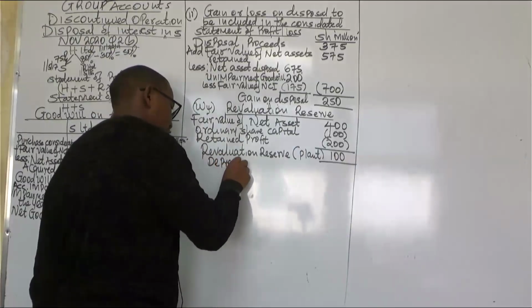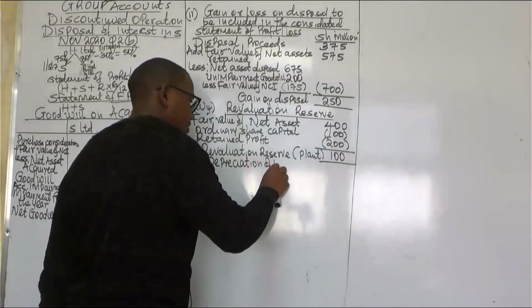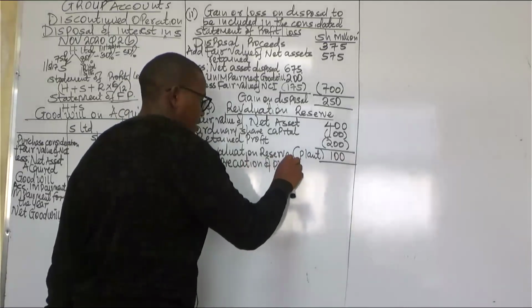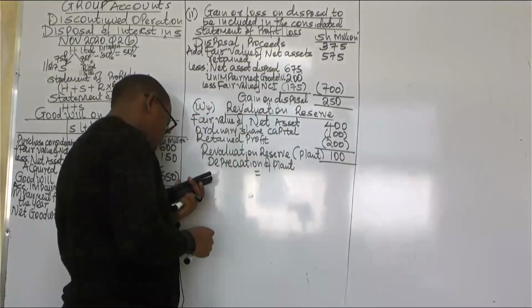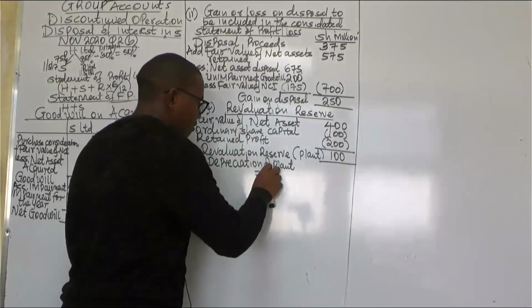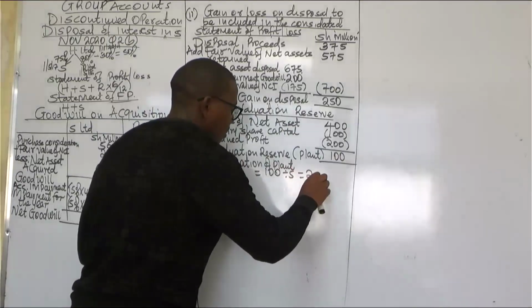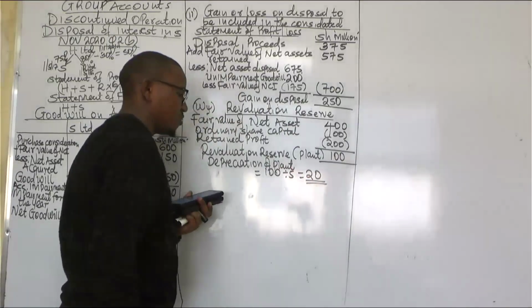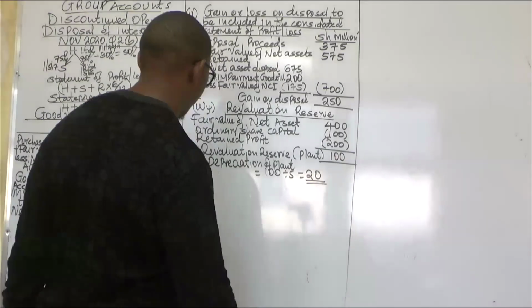So I need to know the depreciation of this plant. We were told that it is being depreciated at what rate? In the remaining useful life of 5 years. So I'll just take 100 divided by 5, which is the depreciation. This one will be taken to the cost of sales as an expense.